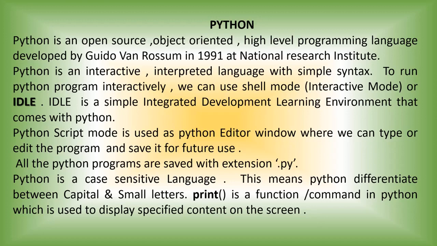Now, when you save a Python program, it is saved with the extension .py. All the Python files are saved with the extension .py. You know that when you create a PowerPoint, what is the extension of PowerPoint?